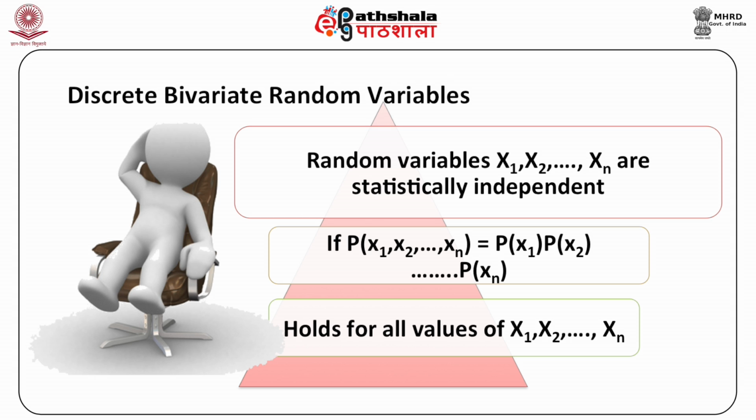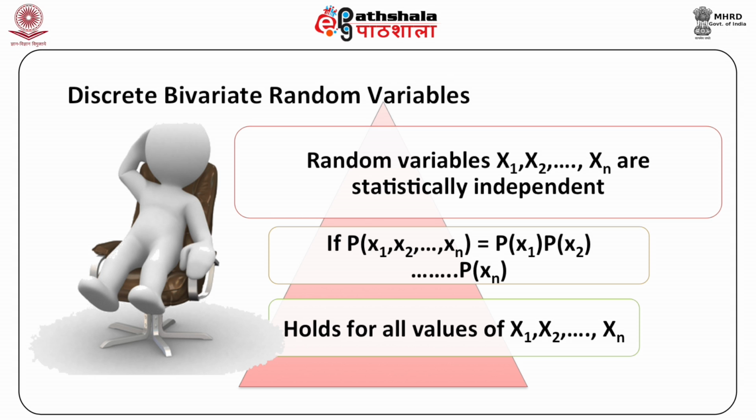In the example of tossing the coins, it is clear that P(x,y) is not equal to P(x) times P(y), and hence X and Y are not independent variables. Taking the case of x equal to 1, y equal to 0, we have P(1,0) equal to 1 by 4, P(X = 1) is equal to 3 by 8, and P(Y = 0) is equal to half.